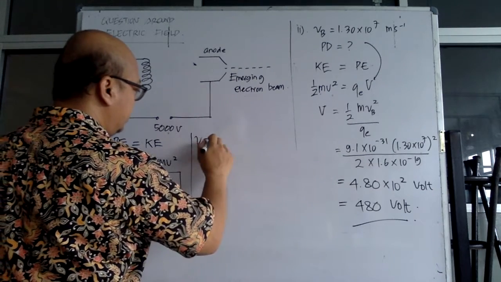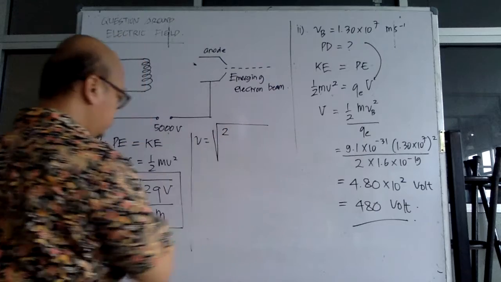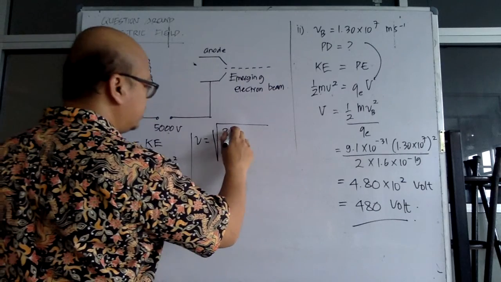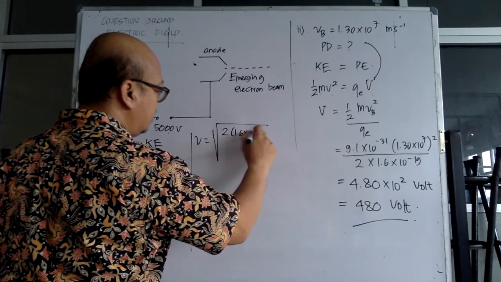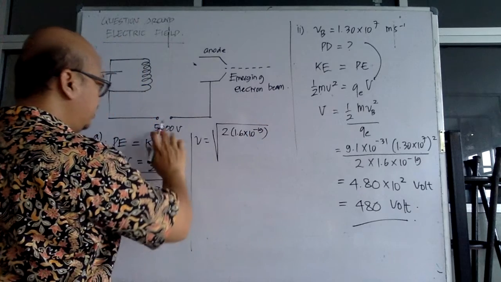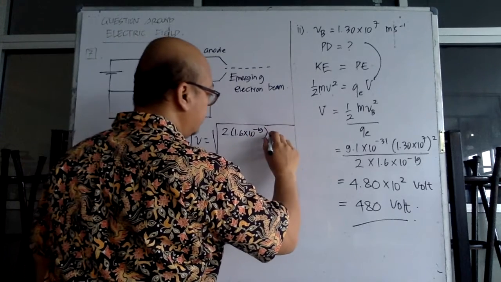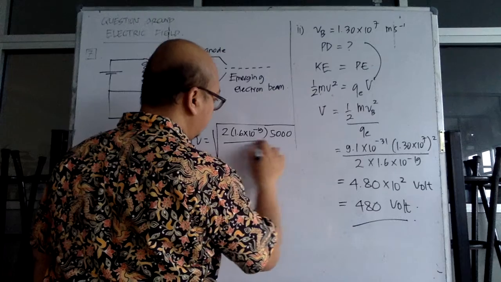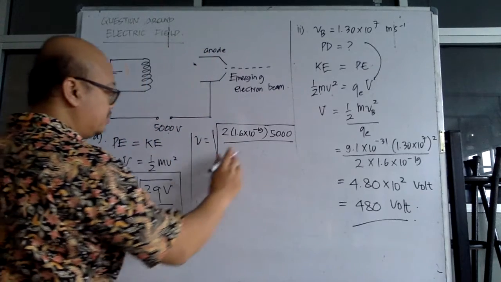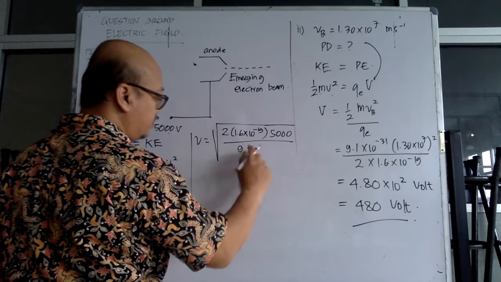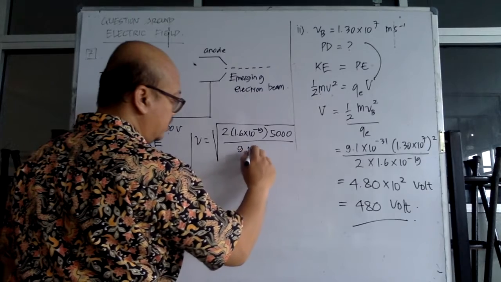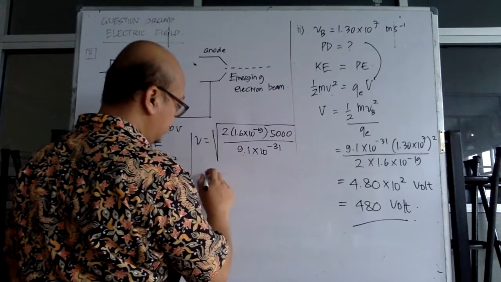So v equals the root of 2 times Q, where the electron charge is 1.6 times 10 to the minus 19, times V, 5000 volt, divided by the electron mass, 9.1 times 10 to the minus 31.